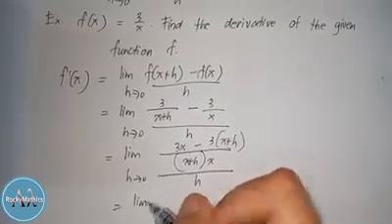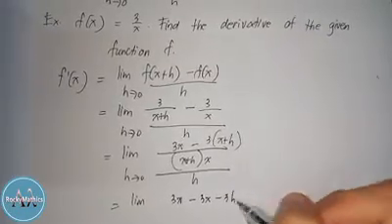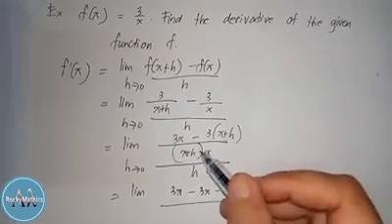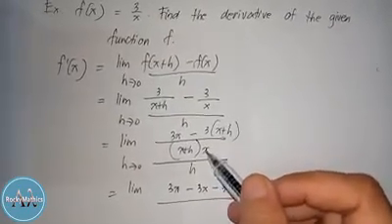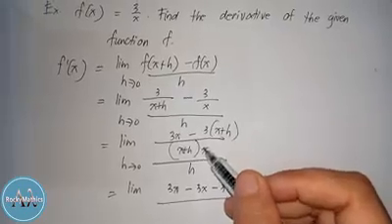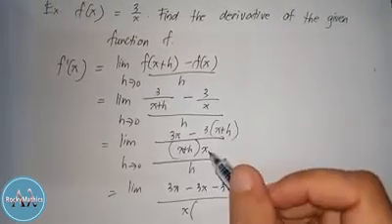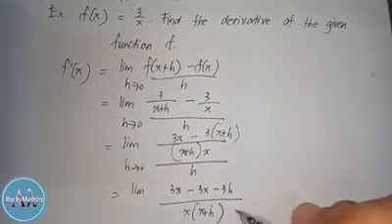This becomes limit 3x minus 3x minus 3h over. Since multiplication is commutative, it is good to see that x will be here, so I will write x on this side, x plus h.